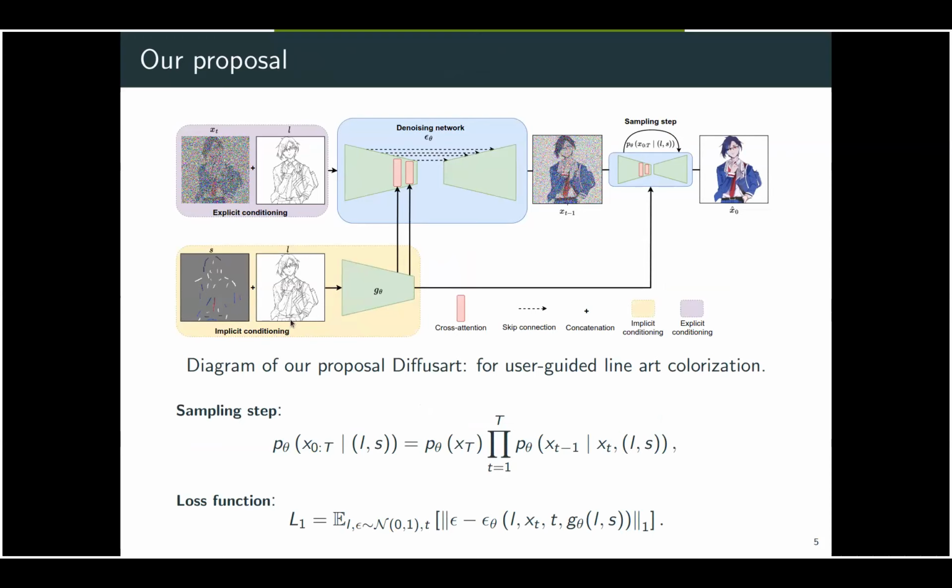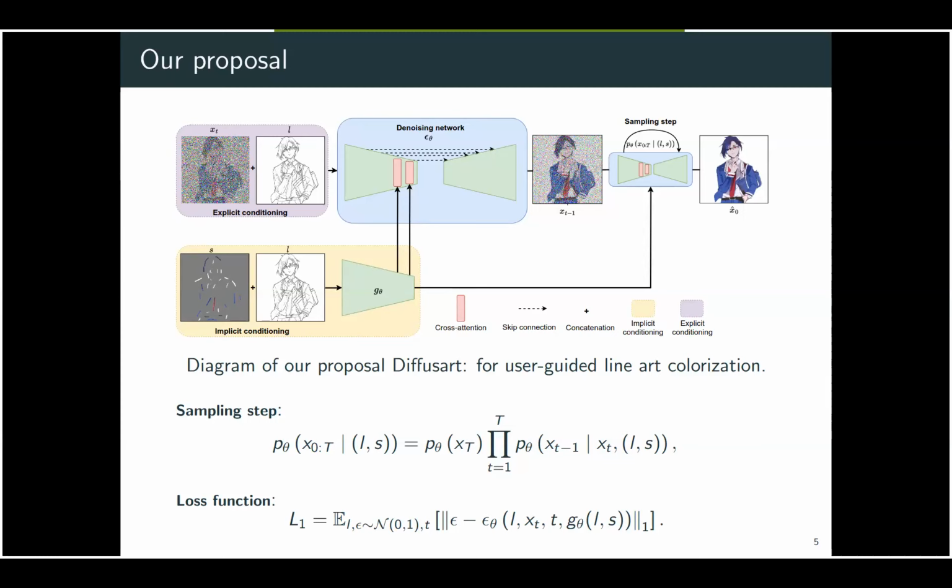On the other hand, we have the implicit conditioning, where the user inputs some color scribbles and the liner, to then train a specific encoder G theta that extracts color features from the scribbles and then injects them into the main pipeline of the generation network.